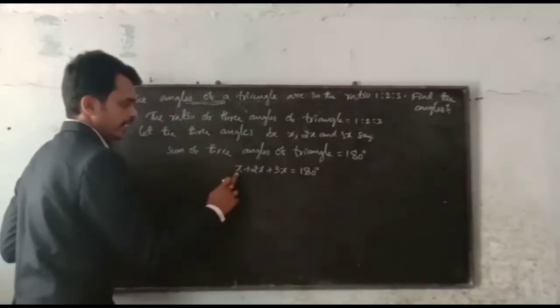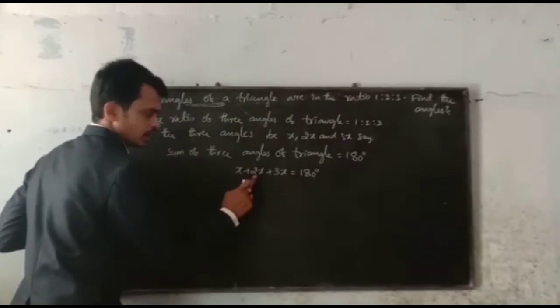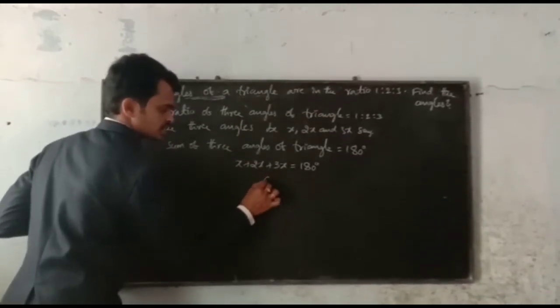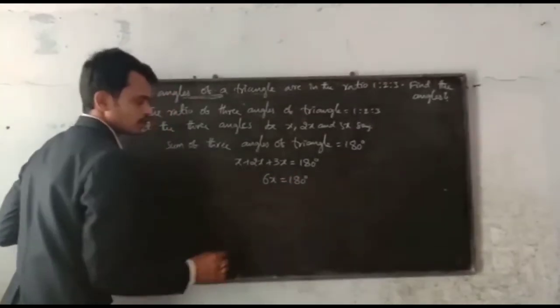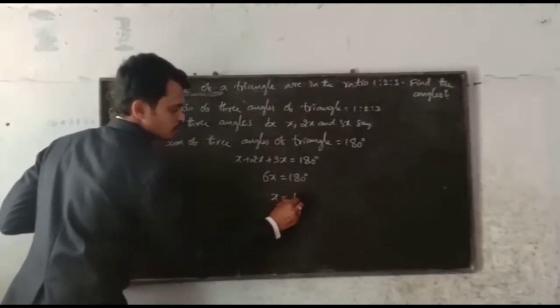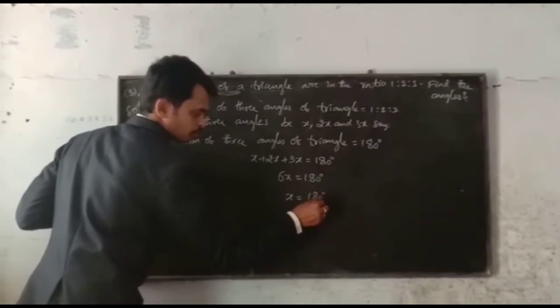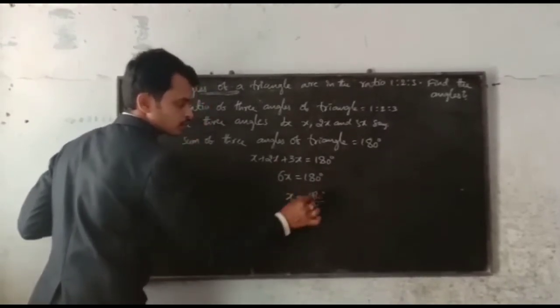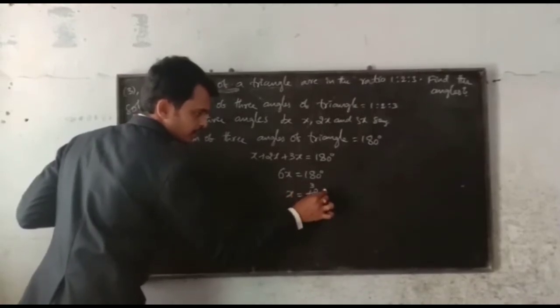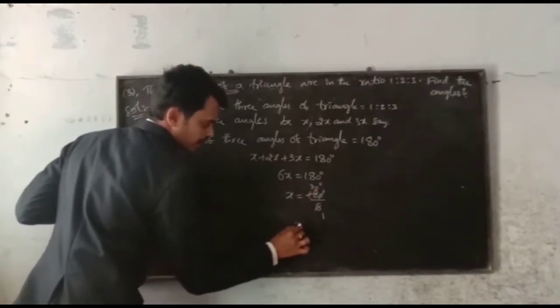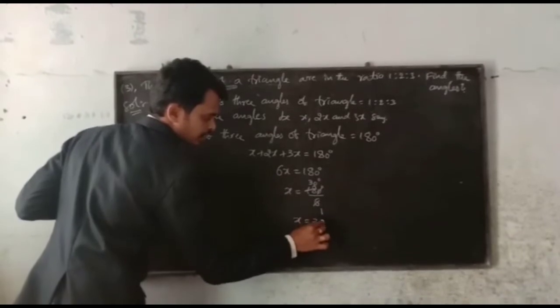Now let us add x plus 2x plus 3x: 3x plus 3x, total 6x, is equal to 180 degrees. So now x is equal to 180 degrees by 6. Now we have to do the cancellation. 6 ones are 6, 6 threes are 18, remaining 0. Then the x value is 30 degrees.